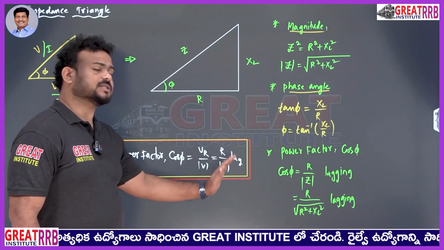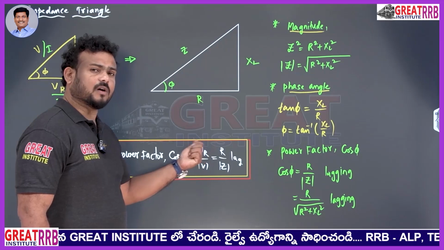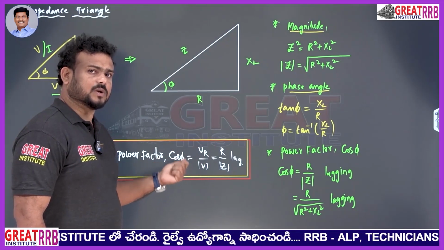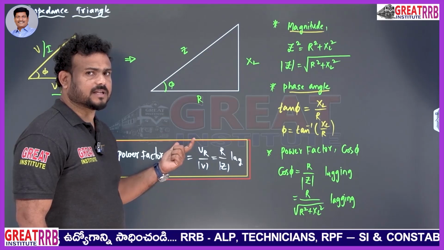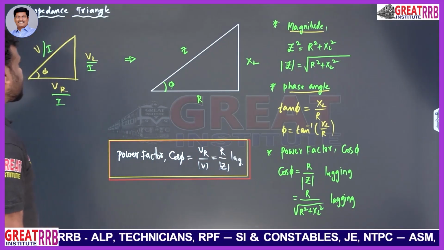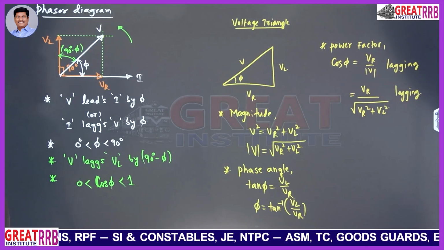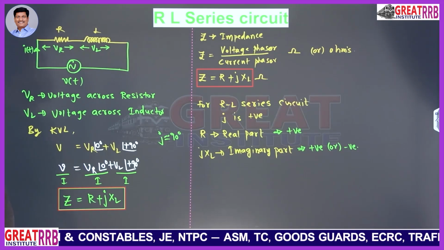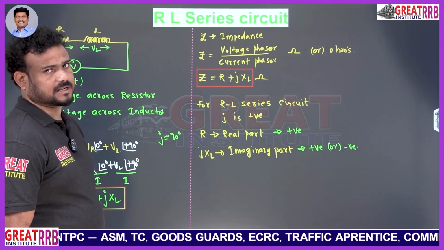So like this I can also define the power factor. The ratio VR upon V or R upon Z is also the power factor, and the current is lagging for an RL series circuit, therefore the power factor must be lagging. Like this we define the impedance and voltage triangle, which comes from the phasor diagram. So this is about the RL series circuit.